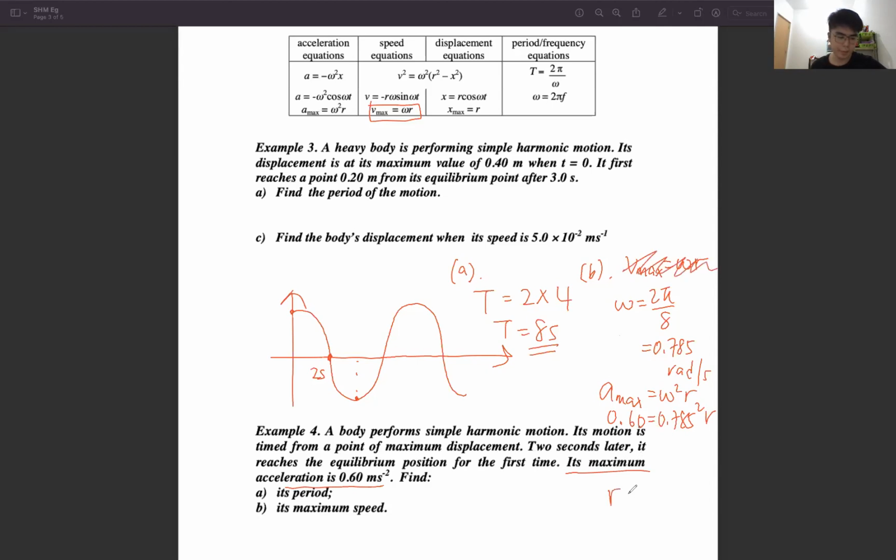Okay, then r equals 0.974 meter. Then only can you find the Vmax. 0.764.